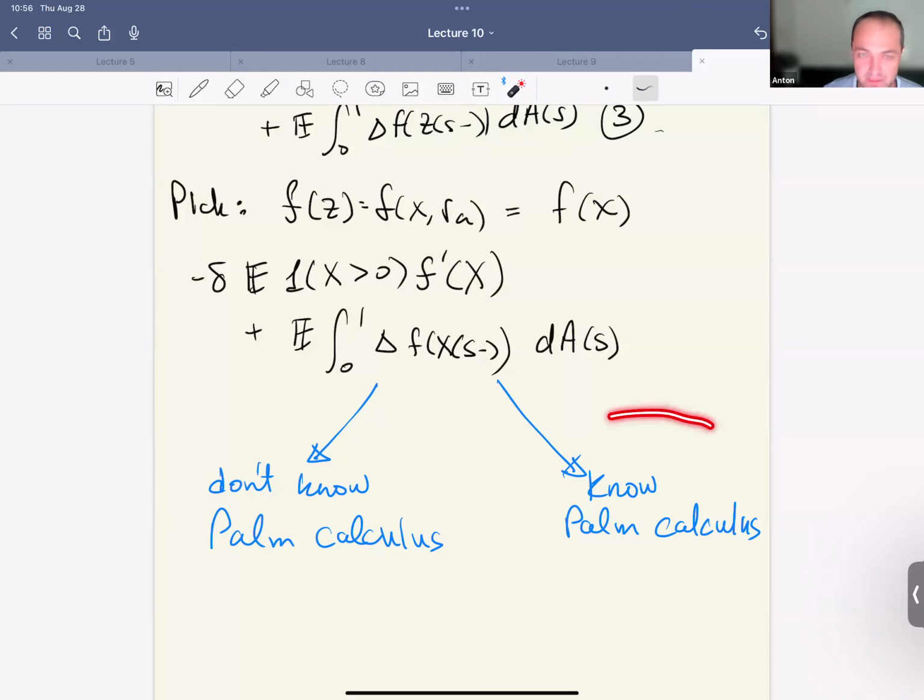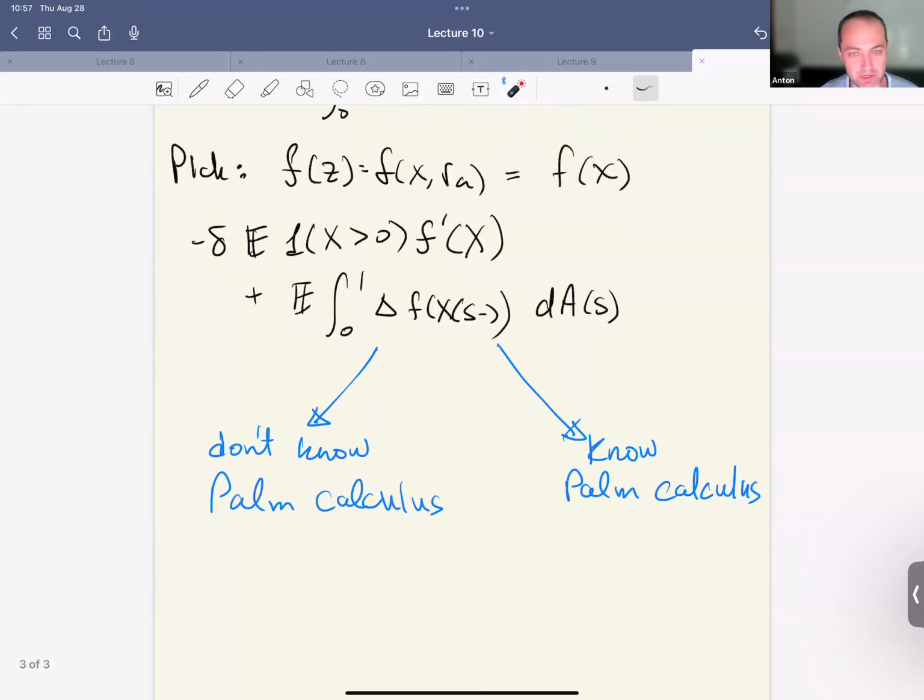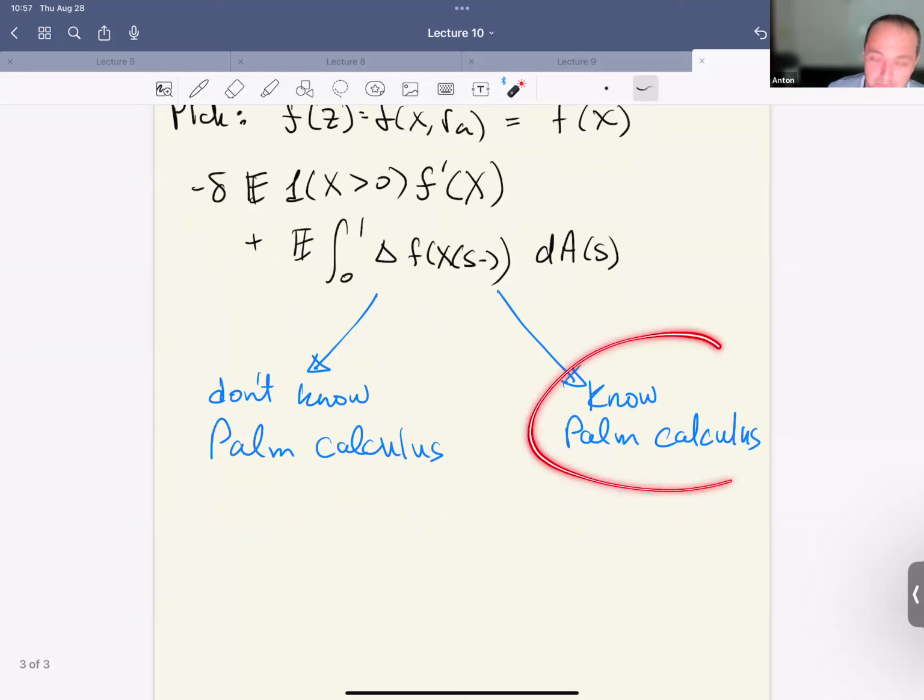They know of it, but they don't know it in detail. Zeev was squarely in the other field, and I think having one of us in each of these buckets really helped. If you know Palm calculus, what I'm about to say is not even using 10% of the power of the theory. This is the most basic, simplest example that you can apply Palm calculus to.